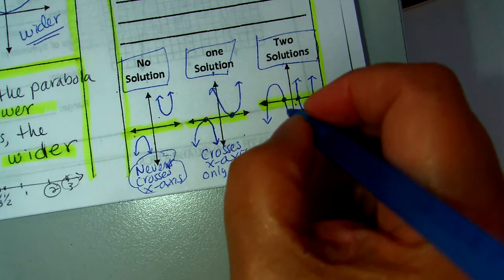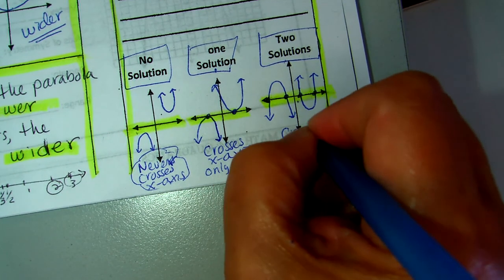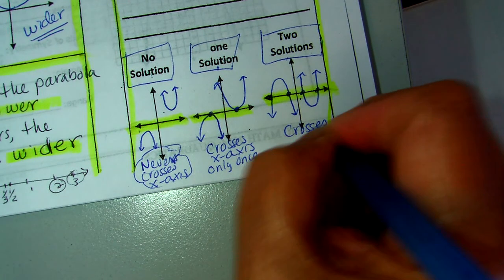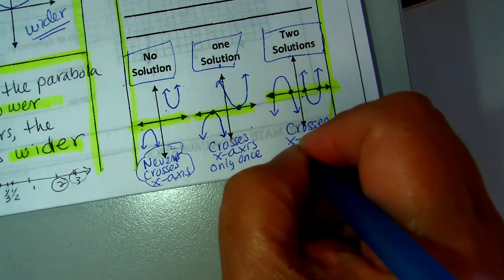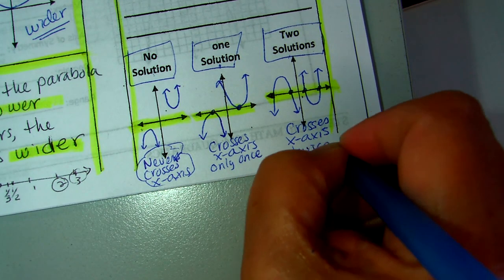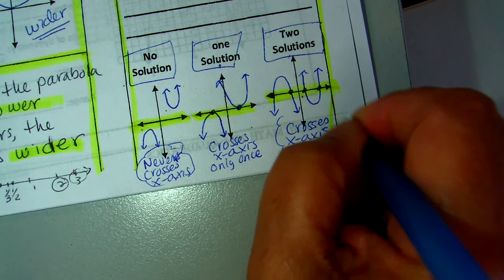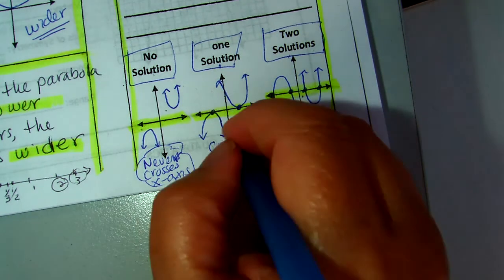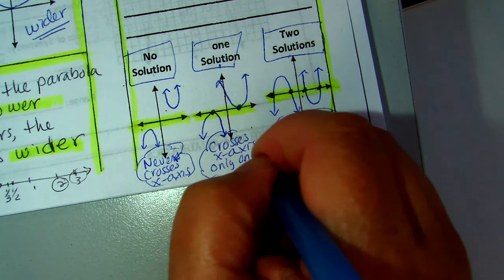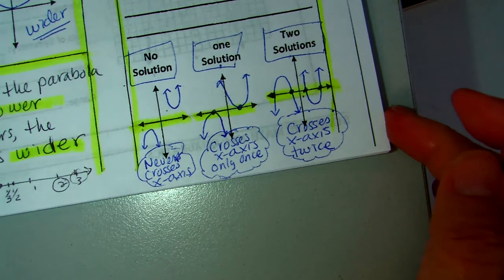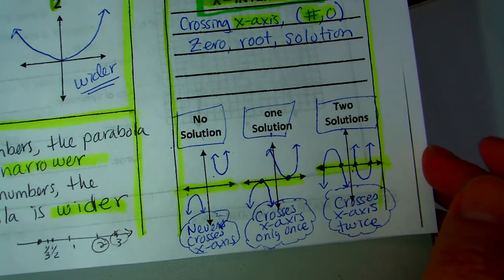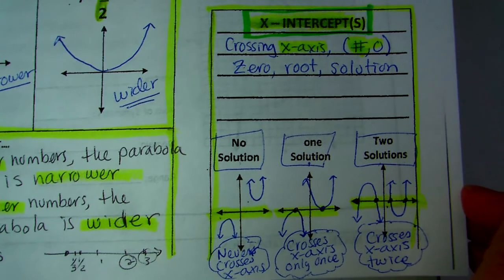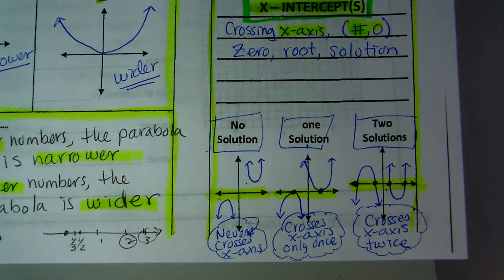This one we say that it crosses the x-axis twice. Okay, so write it down. Alright, I'm going to pause this video and then this will be part 1 of the video and then we'll move on and do the second part, okay? So I'm just going to pause it and then you move on to video number 2.